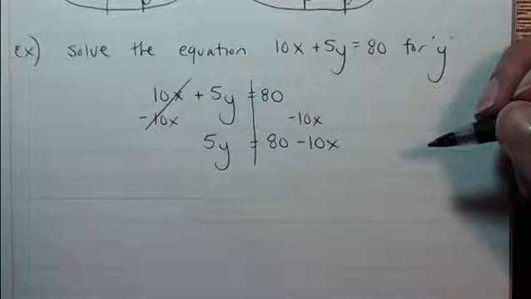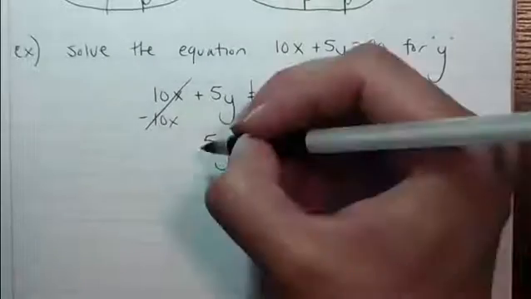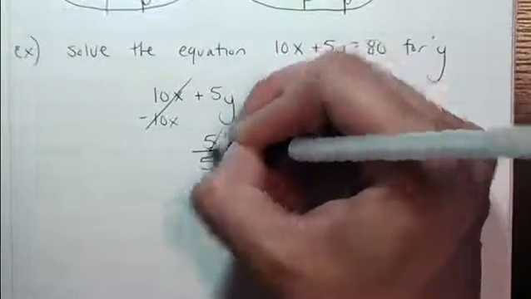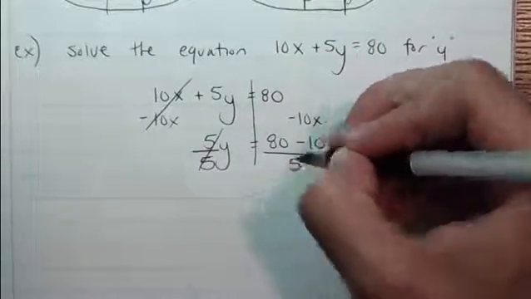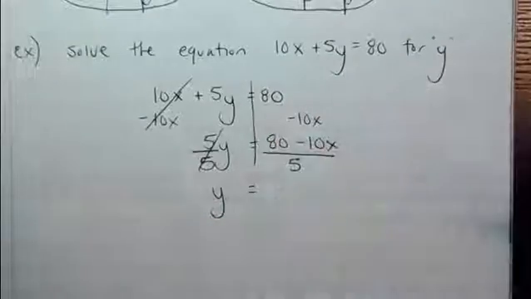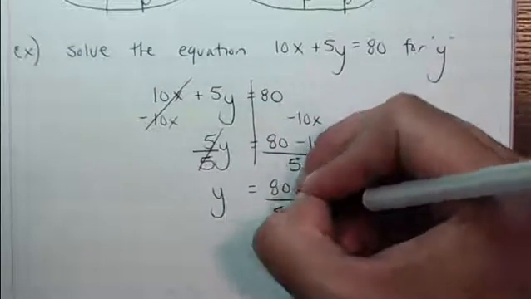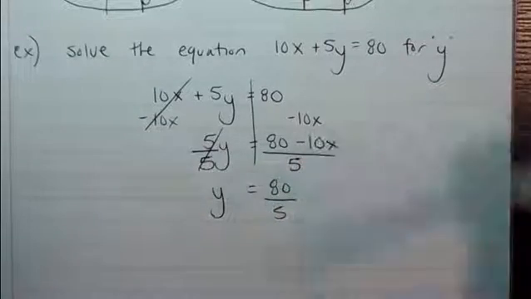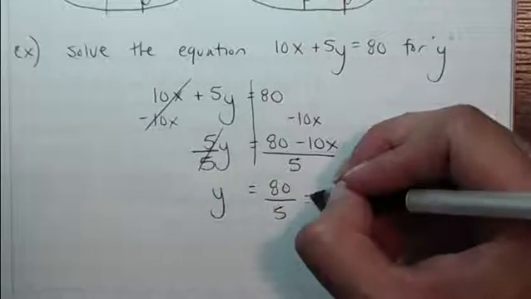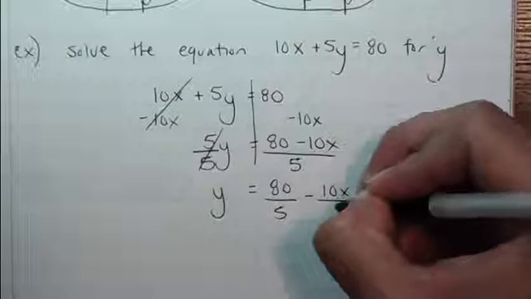And then the last step here is to get y by itself. I'm going to divide by 5 on both sides. So I'm left over with y is equal to 80 divided by 5, and then minus 10x divided by 5.